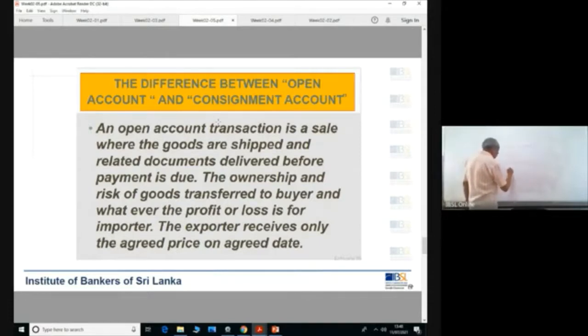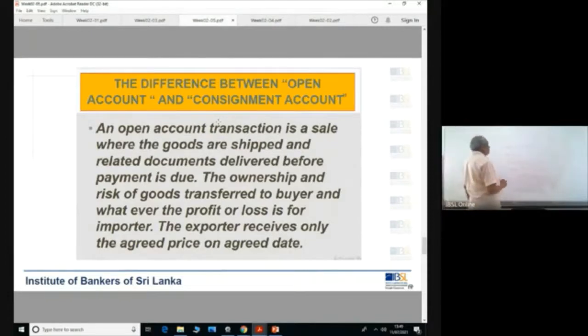Then the importer will remit US dollars 100,000, and his profit is US dollars 25,000. Is it clear? Yes, this is open account.